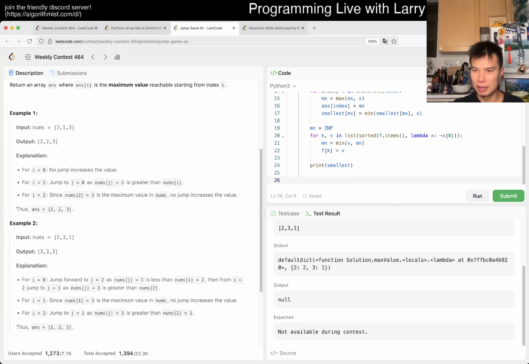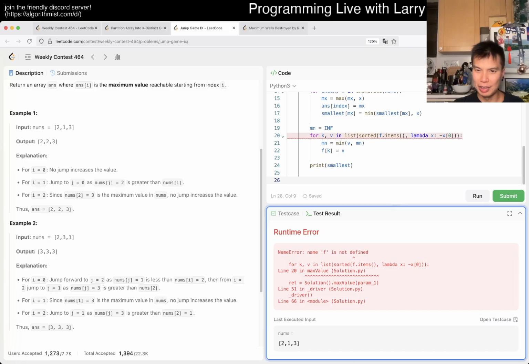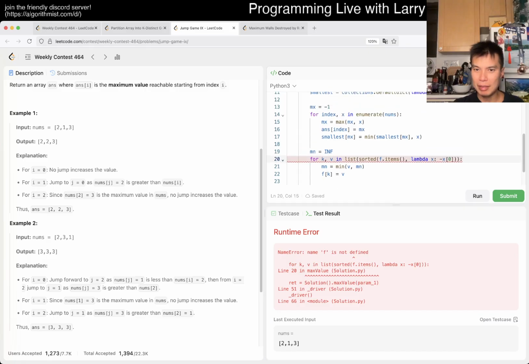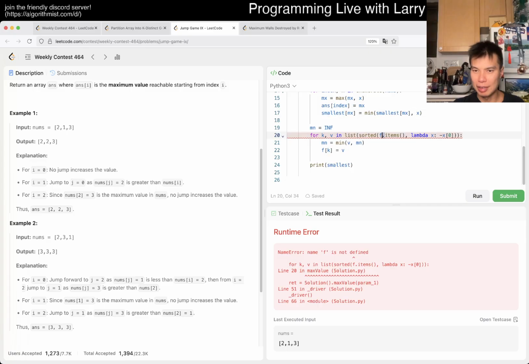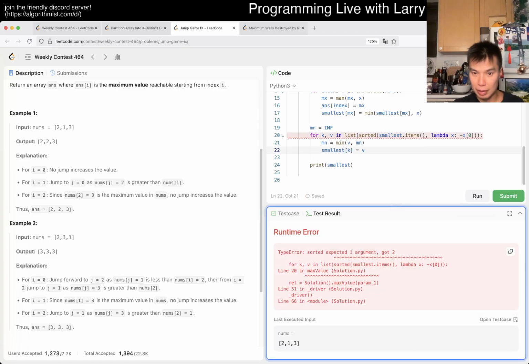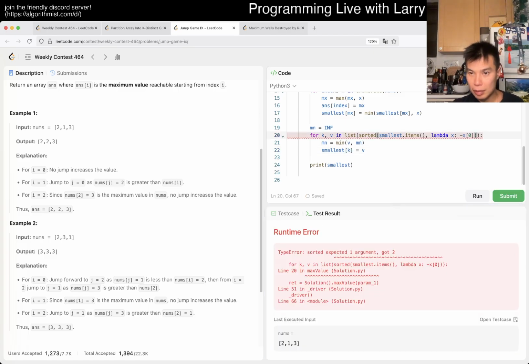I think that's fine. Let's run it. Okay, don't give me a concurrency thing. Did I mess up F? Oh no, I got smallest. Why did I? I think F is the frequency. Lazy. Oh, whoops.